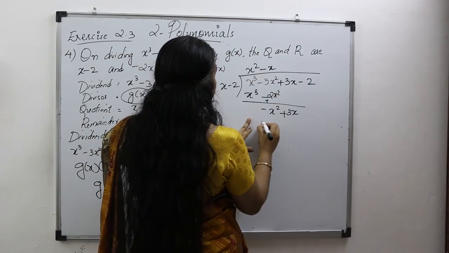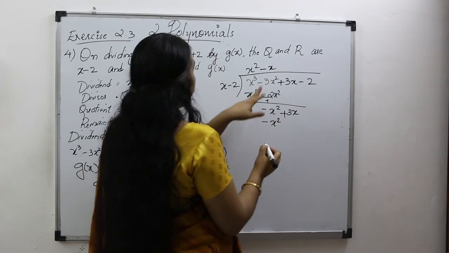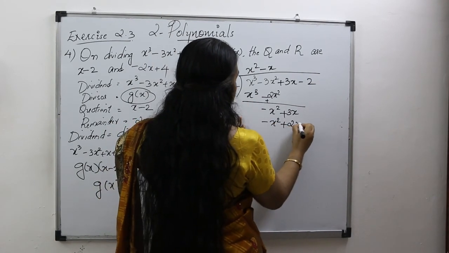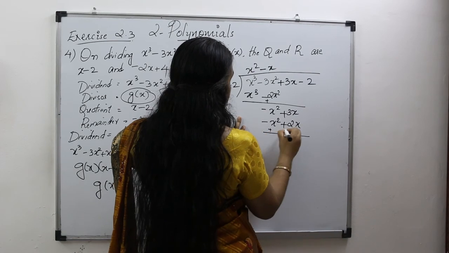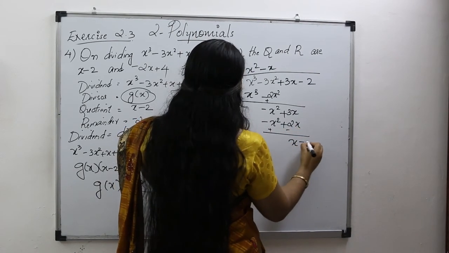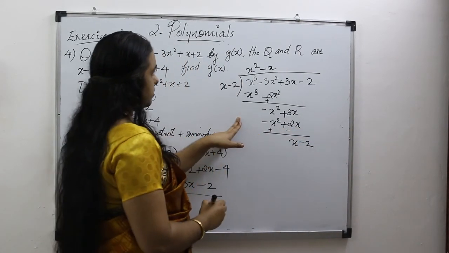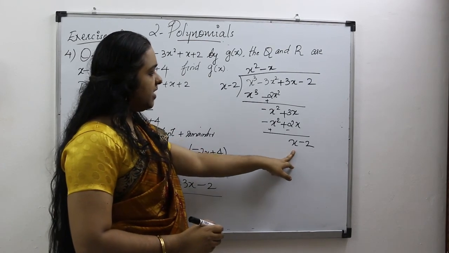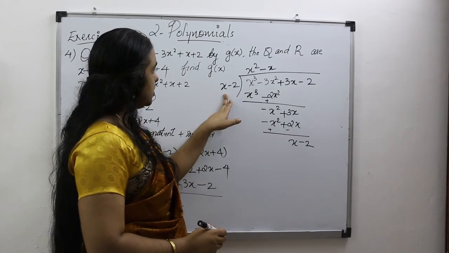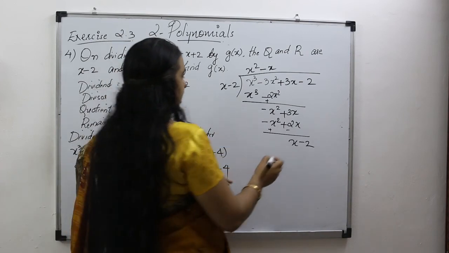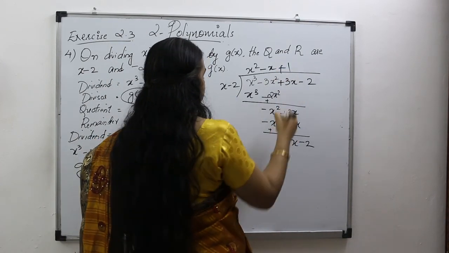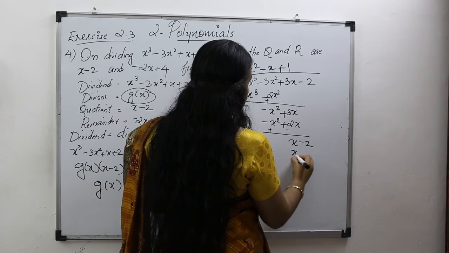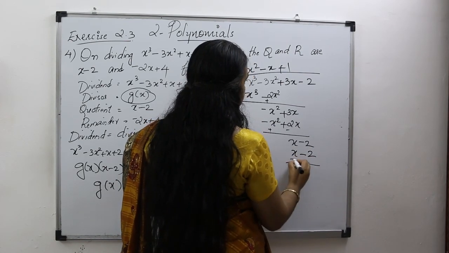This will become minus x square plus 2x. Now the power of x is 1, and here also the power of x is 1. We can divide again. This will become plus 1, that is x minus 2.